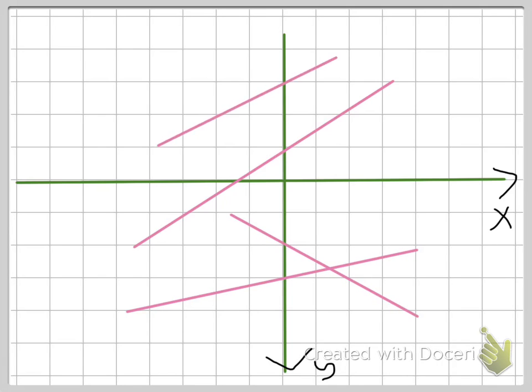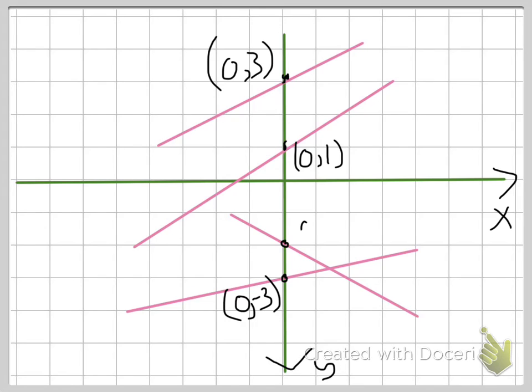Let's find out what all the y-intercepts are. This point right here is a y-intercept. We could say it's 0, 3. This one is going to be 0, 1. This one is going to be 0, negative 3. And this one's 0, negative 2.